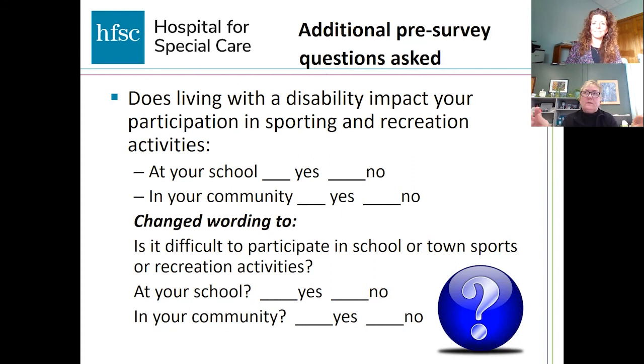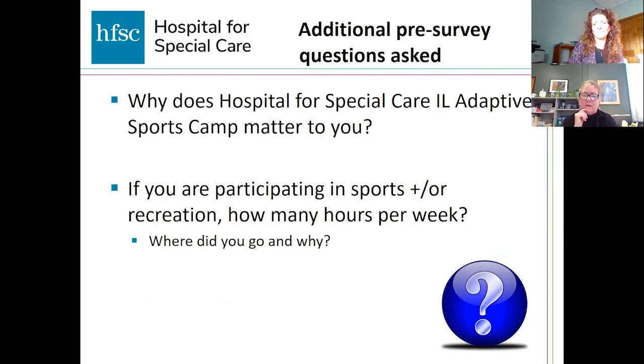Part of it is that some of our kids don't identify themselves as having a disability. So we changed the wording to get a better answer for the question we really want. We changed the question to say, is it difficult to participate in school or town sports or recreation?